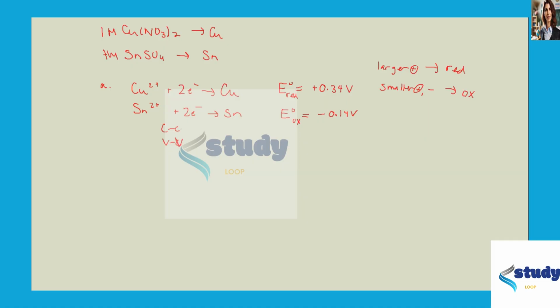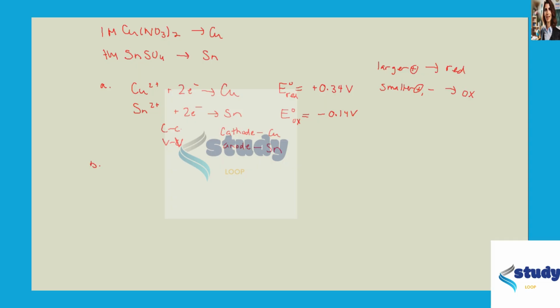Reduction occurs at the cathode, and oxidation occurs at the anode. So our cathode is where the reduction occurs, so that will be our copper metal, and the anode is where the oxidation occurs, and that is going to be the tin metal.